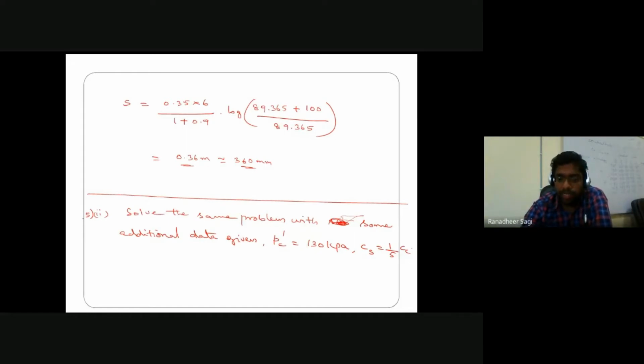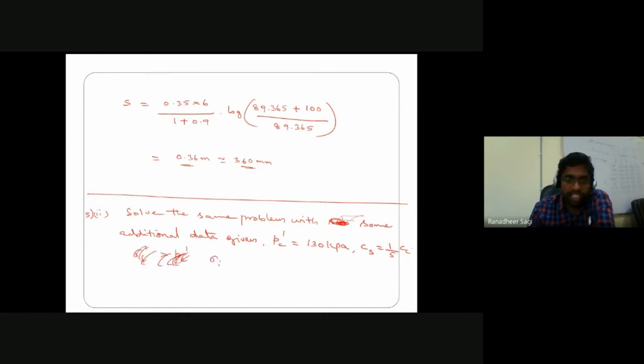Now what expression should I use for estimating the settlement in the soil? I will understand by looking at the data: is my final effective stress greater than my maximum past pressure or not? Let me put it the other way.